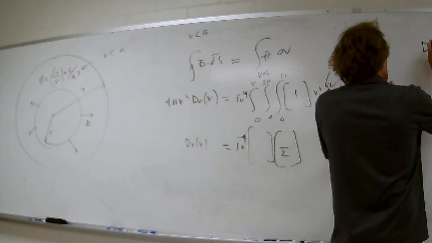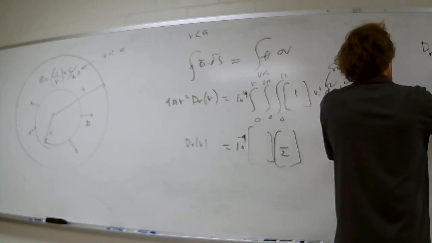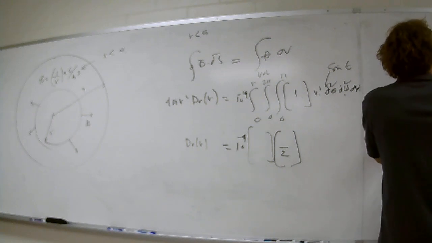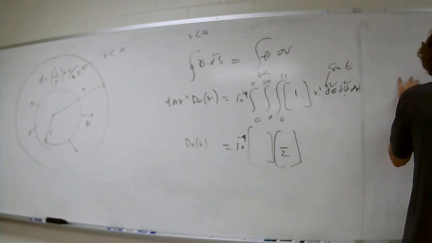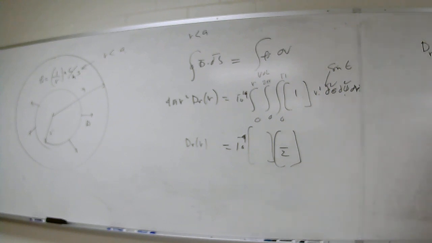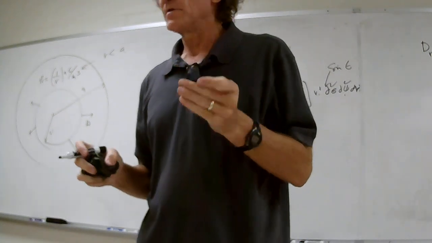So the D field in the radial direction, I'll call it just D of r, is simply going to be 10 to the minus 9 over 2, in coulombs per meter squared in the a_r direction, for r greater than or equal to 0 and less than or equal to a. That's all it is. It was a straightforward answer, almost trivial to get.